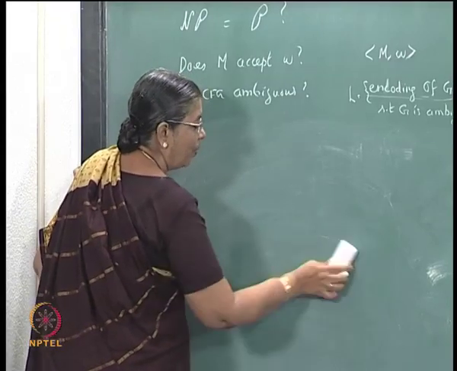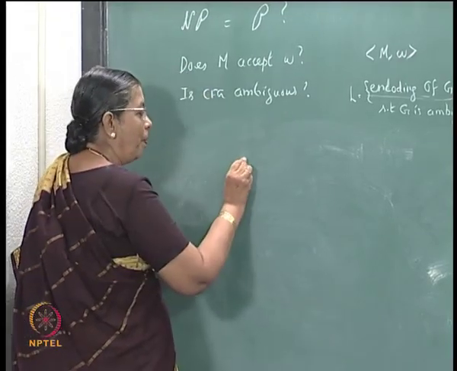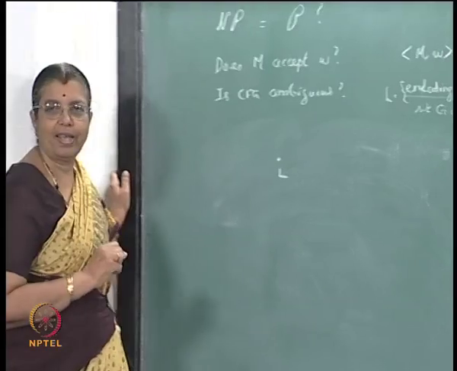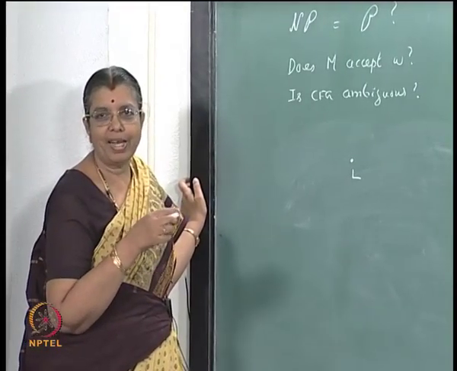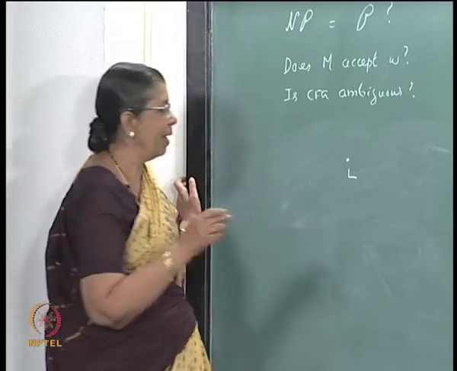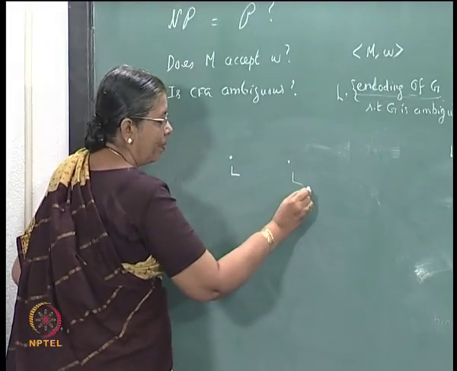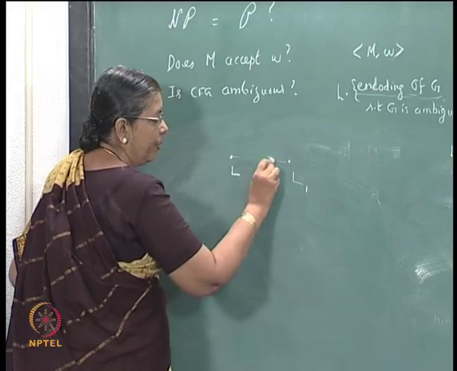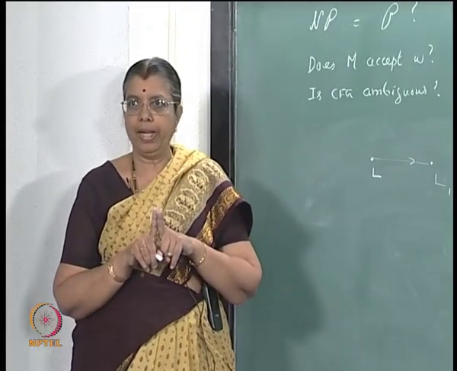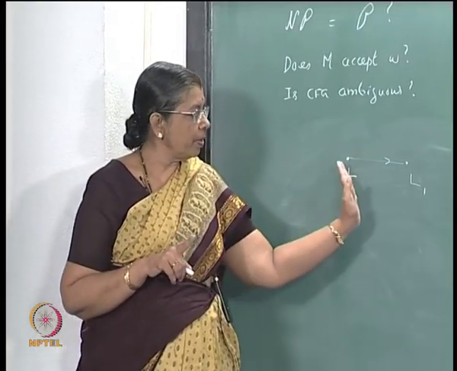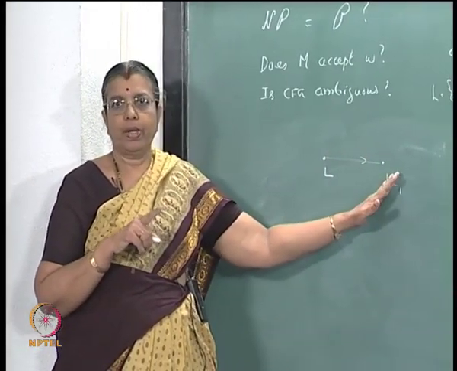Now, if you know one problem to be NP complete, other problems you can show to be NP complete by polynomial time reducing the known problem to the new problem.